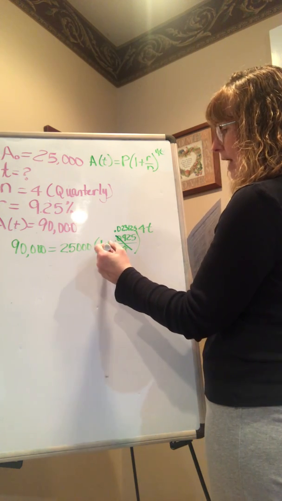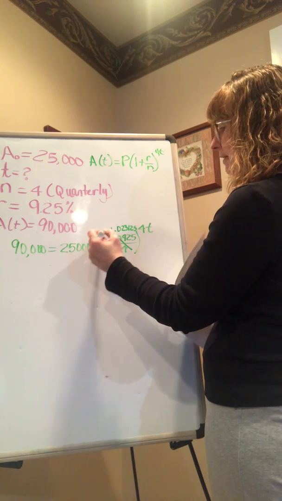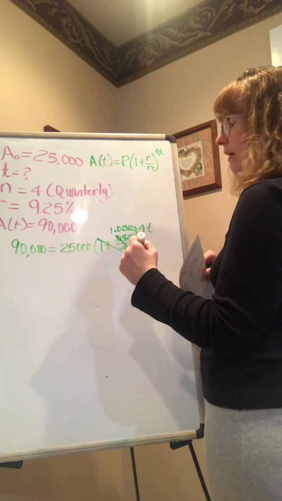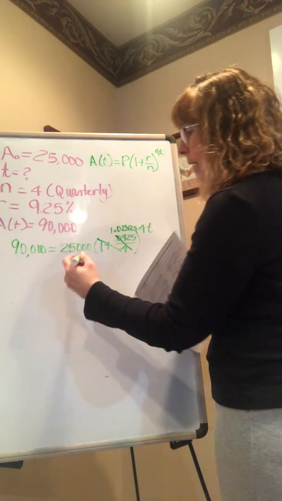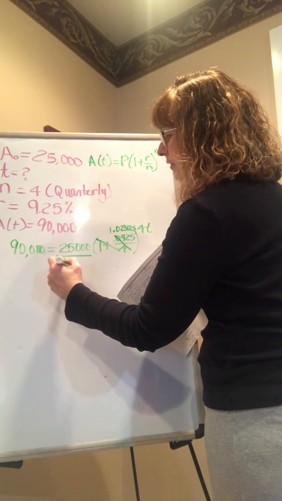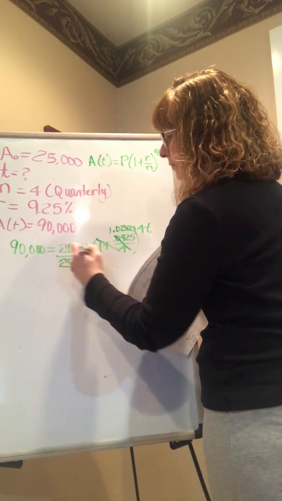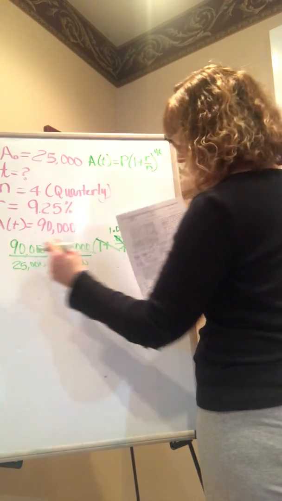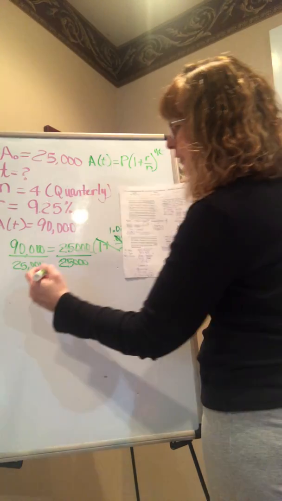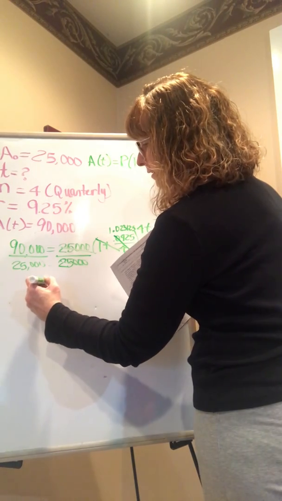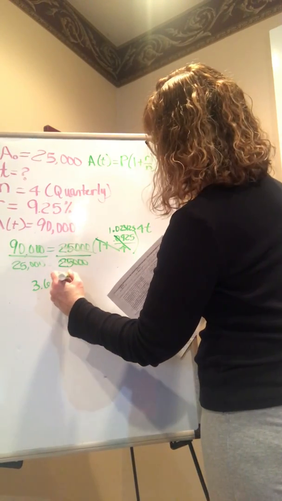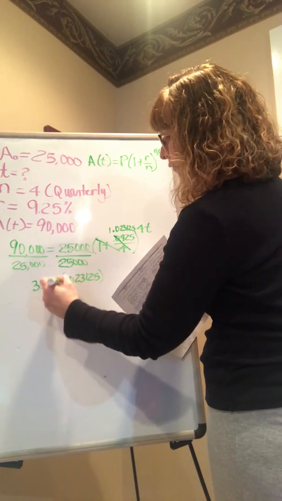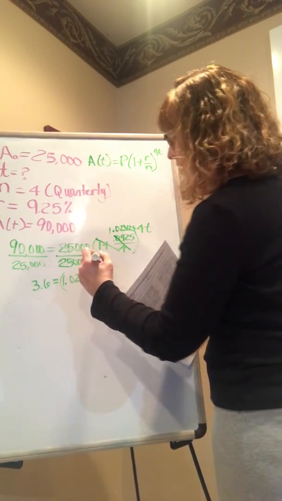So now I add the 1 to it, my growth rate is now 1.023125. Okay? So I'm going to divide out my 25,000. And this gives me 3.6. Is now equal to 1.023125 raised up to the 4 times the time.